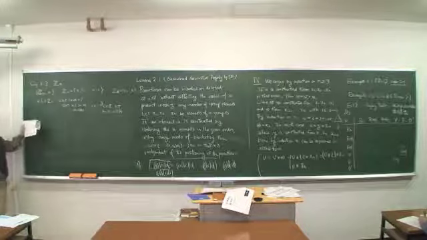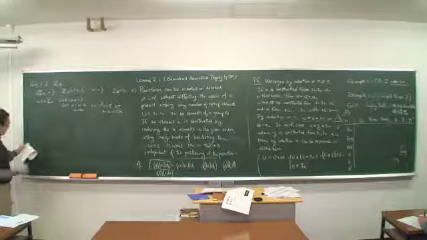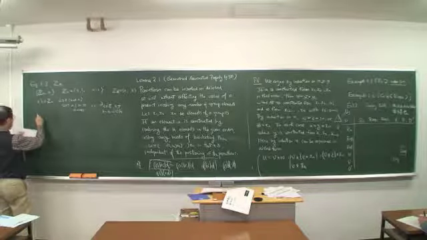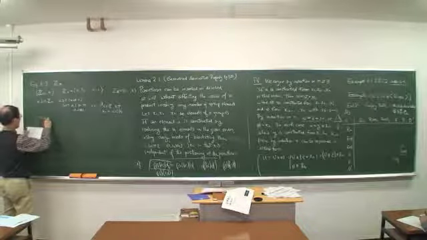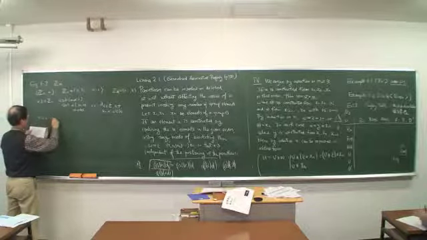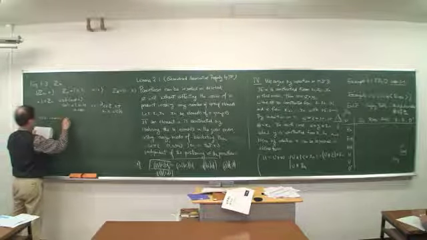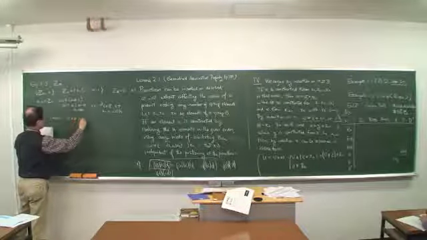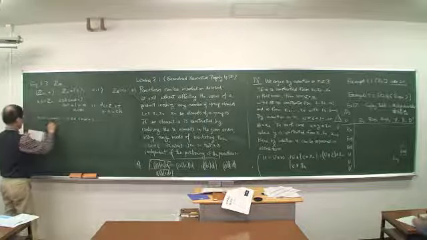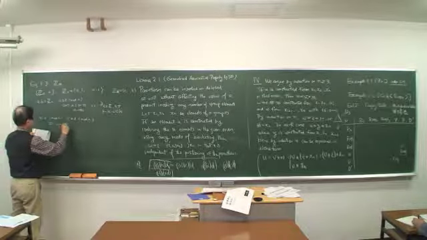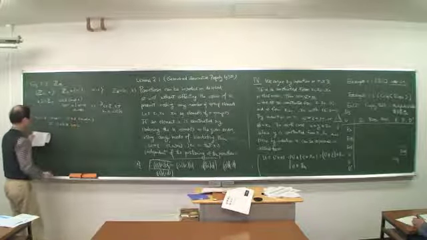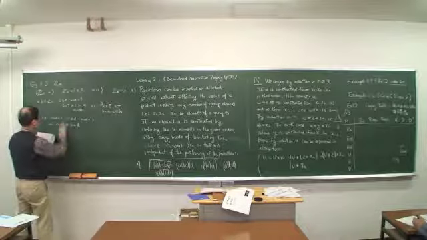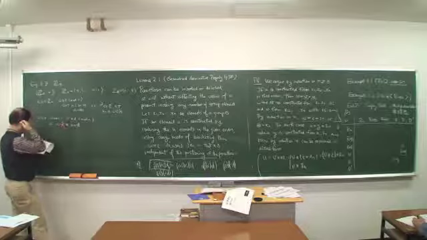So we write a is congruent to b modulo n in this way. Moreover, if a is congruent to b modulo n and c is congruent to d modulo n, then a plus c is congruent to b plus d modulo n.